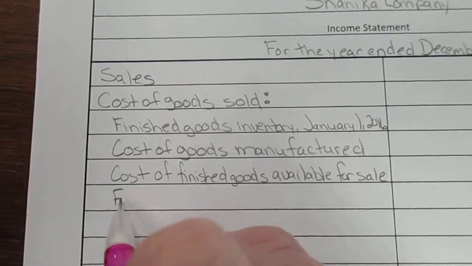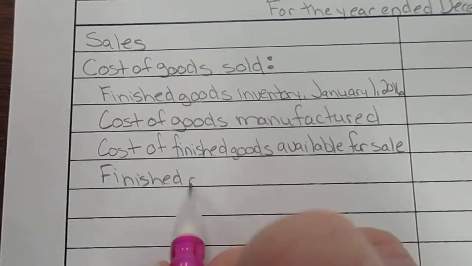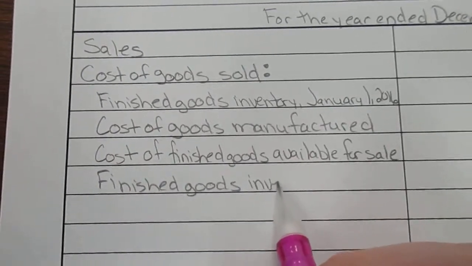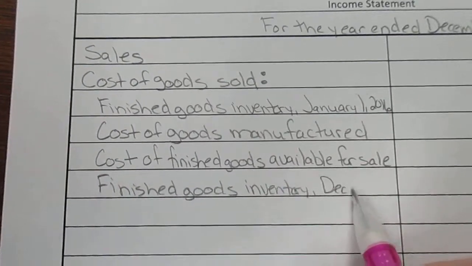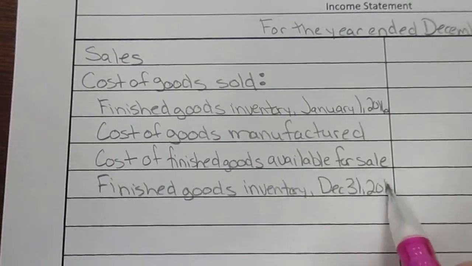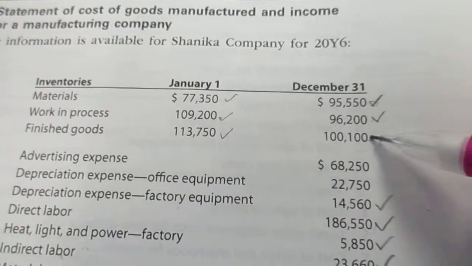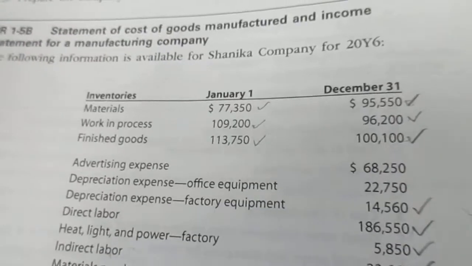Next, we're going to subtract our finished goods inventory from the end of the year. So our finished goods inventory from December 31st, 2016. And we'll go to our textbook, and our textbook tells us that our finished goods as of December 31st were 100,100.